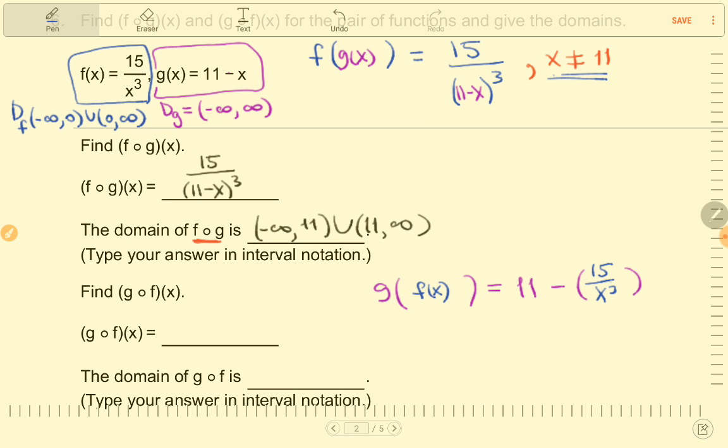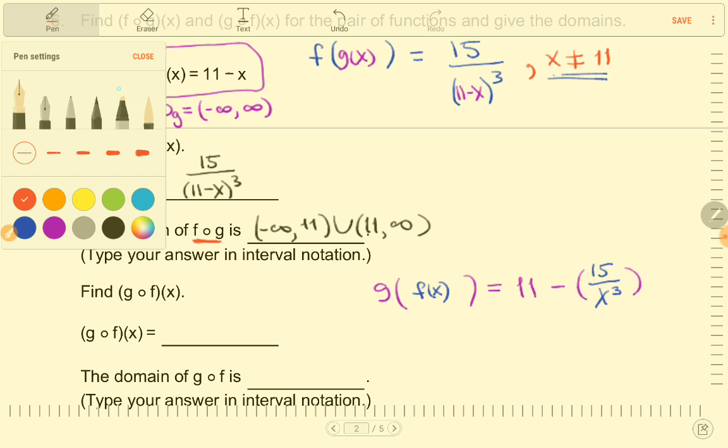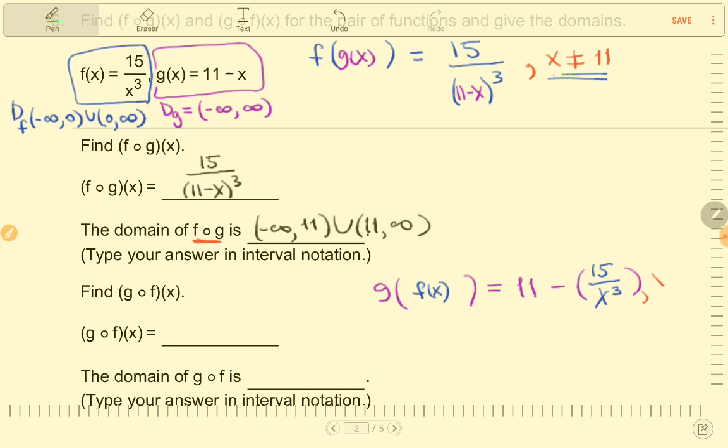Right, now you'll notice right away, hopefully, that we cannot allow x to be 0 here. So then most likely my domain of the composite function g of f of x is going to be from negative infinity to 0, and then from 0 to infinity.